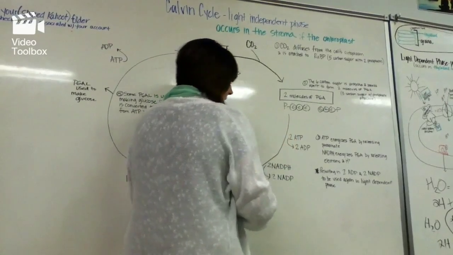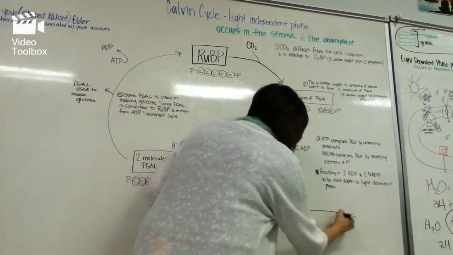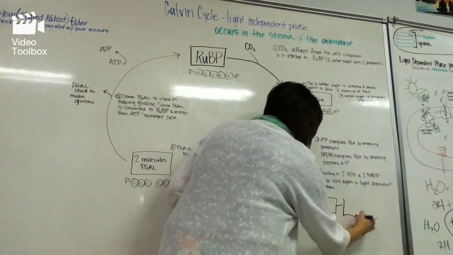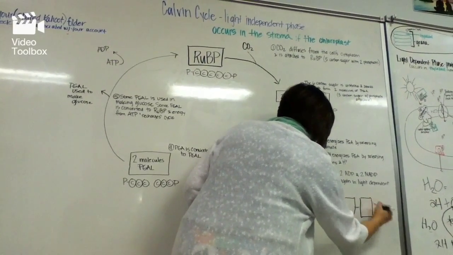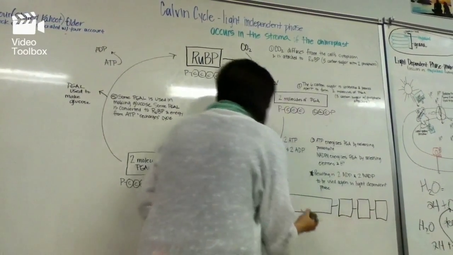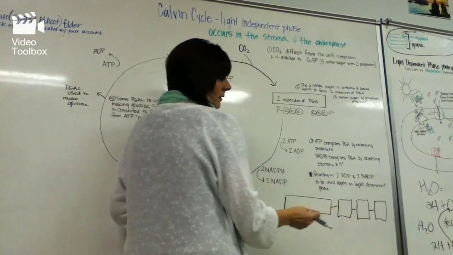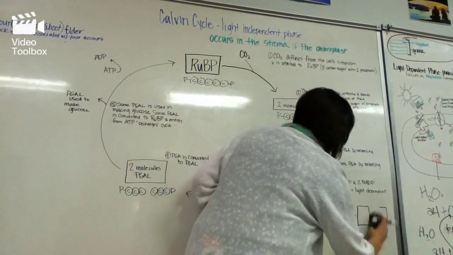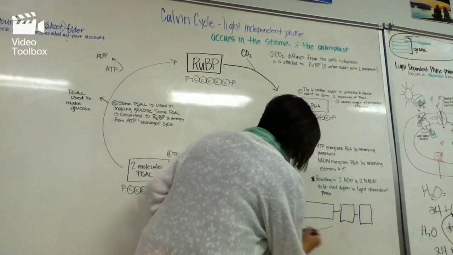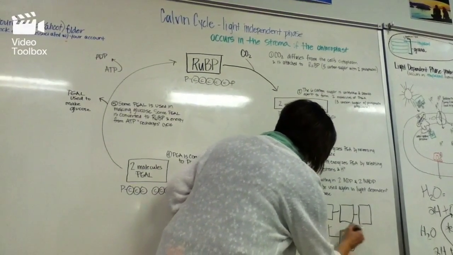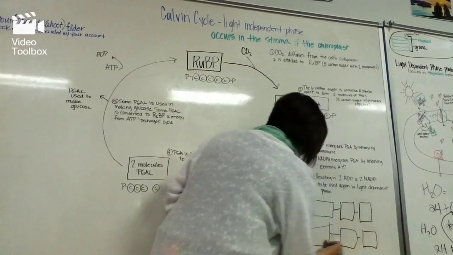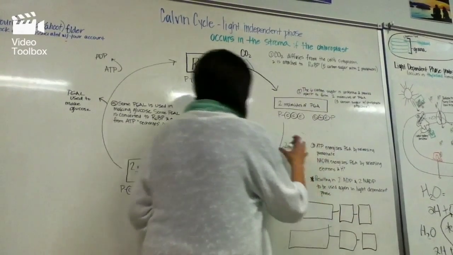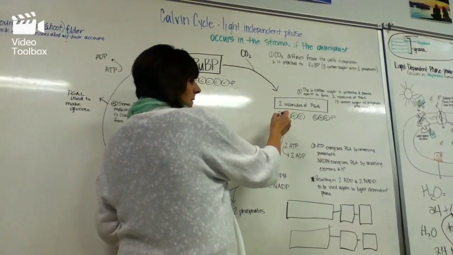2 ATP. Remember ATP, it was like this. How do we get energy from it? Breaking the bond will release energy. If we have 2 of those, and we took 2 phosphates off, energy was released and given to PGA.